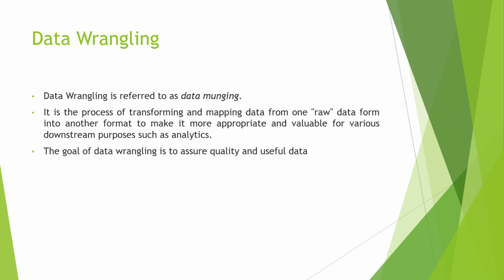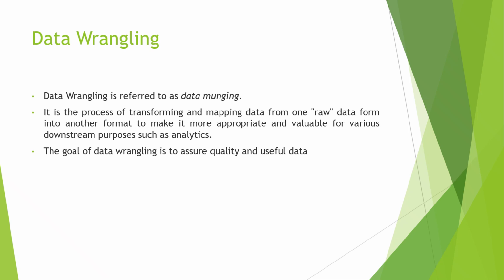Data wrangling, also known as data munging, is the process of transforming and mapping data from its raw, unstructured form into a more structured and meaningful format that is suitable for analysis and further processing. Raw data collected from various sources is often incomplete, inconsistent, or not directly usable, so data wrangling helps in refining and organizing it.